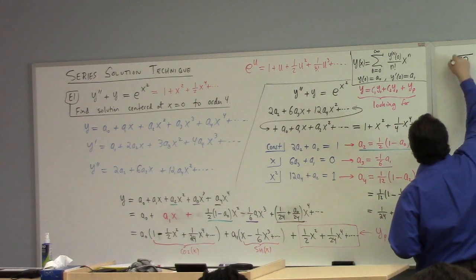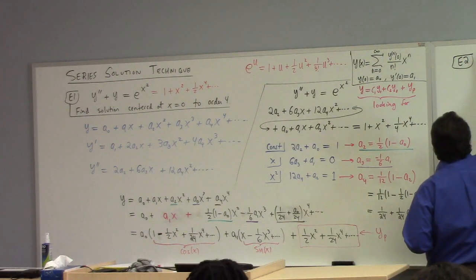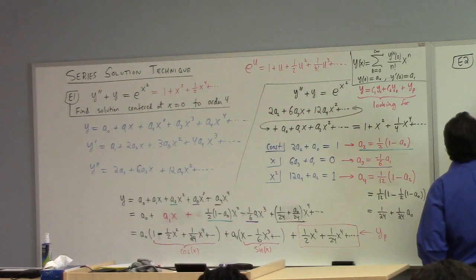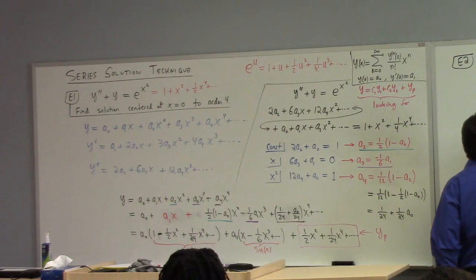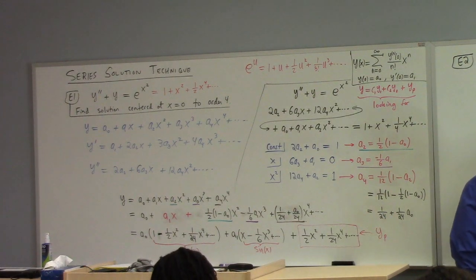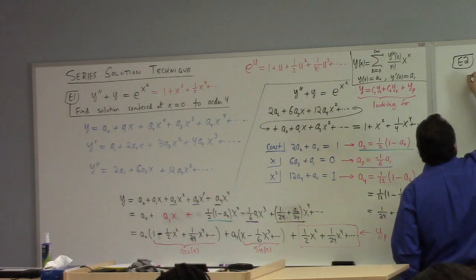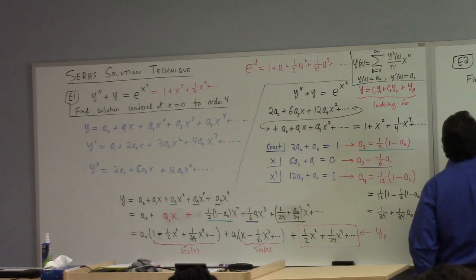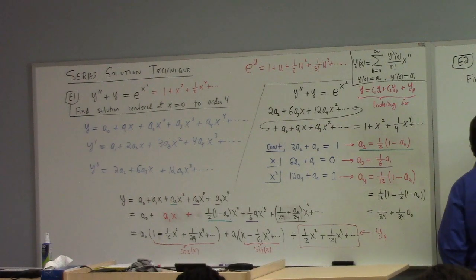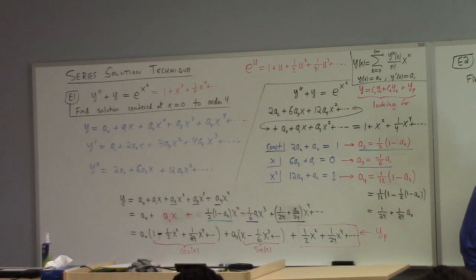Example 2, suppose we have y prime prime plus e to the x y is equal to 0. Find the solution to order 3 centered at x naught equals 1.